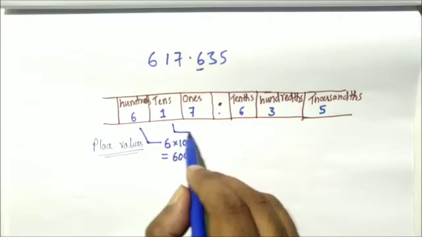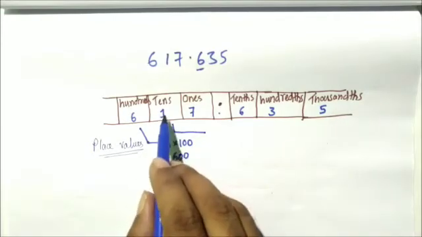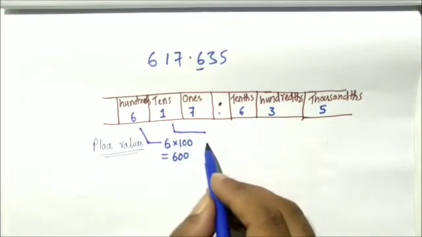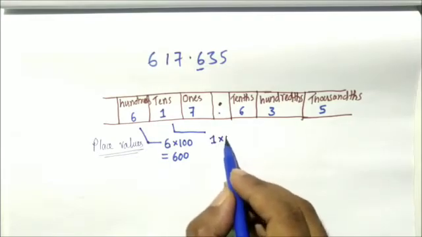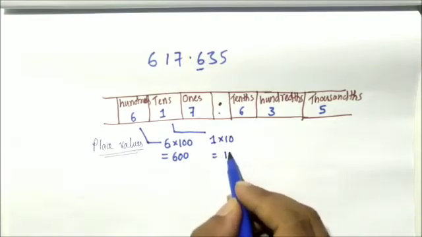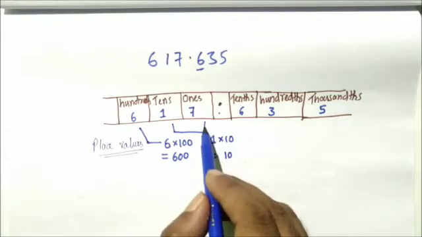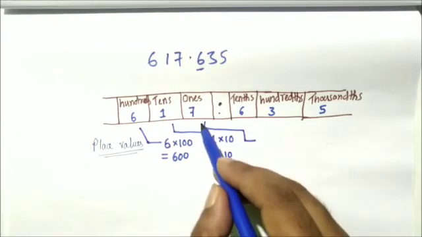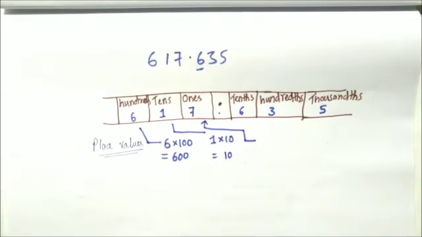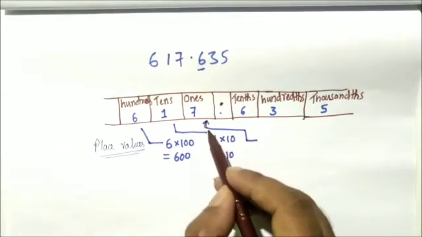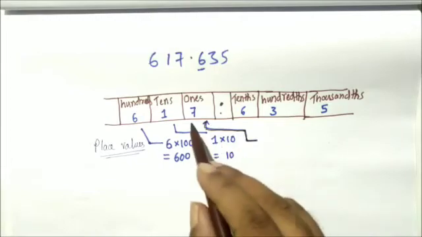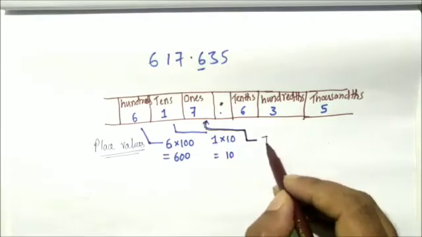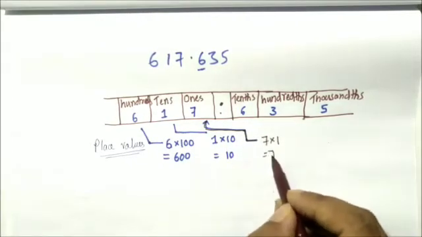This 1 is placed in the tens place. So the place value of this 1 is 1 into 10. There is 10. This 7. Okay, this 7. This 7 is placed at ones. So 7 into 1. That is what? 7.